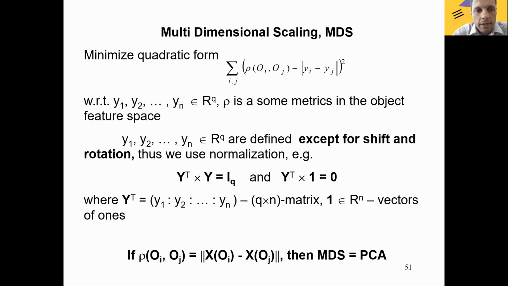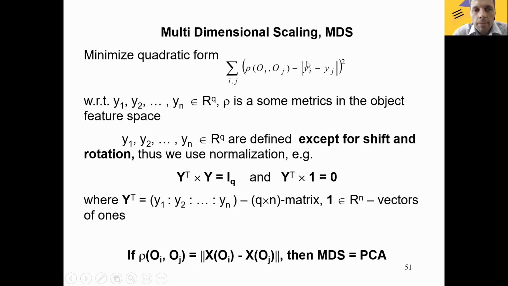Multidimensional scaling, which I already mentioned, is when we would like to approximate the distance between objects in the original space using some lower-dimensional coordinates in a new lower-dimensional space, so that the distance in the original space should be approximately equal to the distance in the new space.